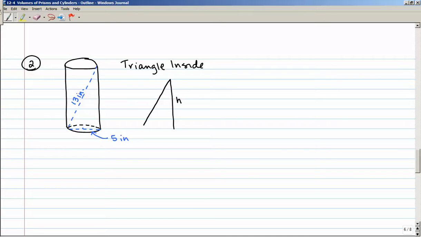Here's my 13, and this across the bottom is 5. So this here is my height. 5 is the diameter of the base, and 13 is that slanted line going through the middle. So using the Pythagorean theorem, 5 squared plus h squared equals 13 squared, I get that my height is equal to 12.